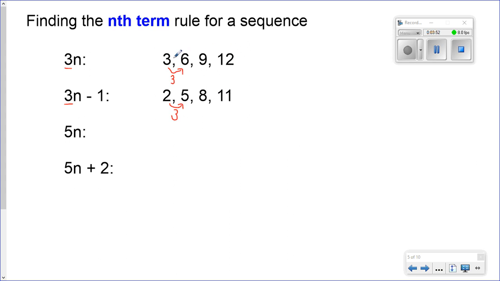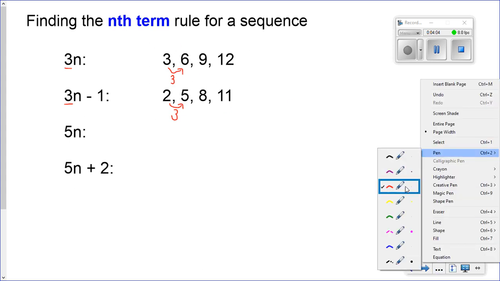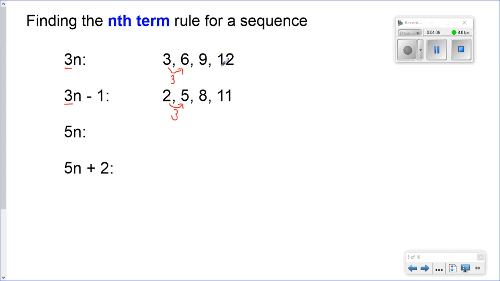If we compare these numbers with these numbers below, sure, they both go up in threes, but can I do something to the numbers at the top to make the numbers below? And the answer is yes. If I take these numbers and I take away 1 from each of these numbers, I end up with these numbers below.